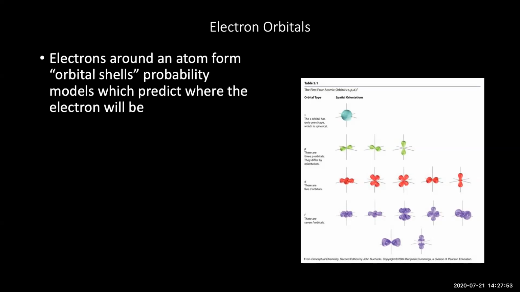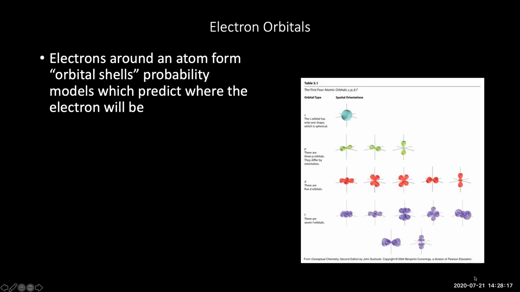So electrons around an atom form what are called orbital shells. And these are basically the electron no longer acting like a particle, but acting like a wave. Electrons do this too. And so this orbital shell is a probability of where you will find the electron.